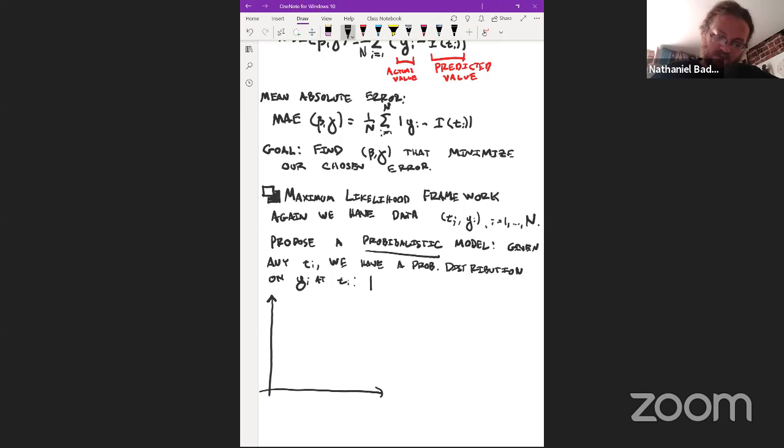This is called the probability of y given t. And this thing is an honest probability distribution, integrates to 1, everything else.